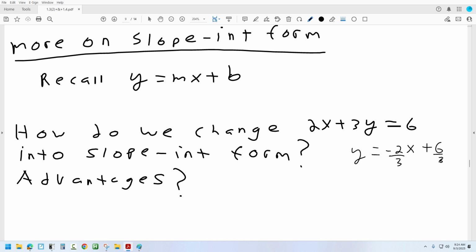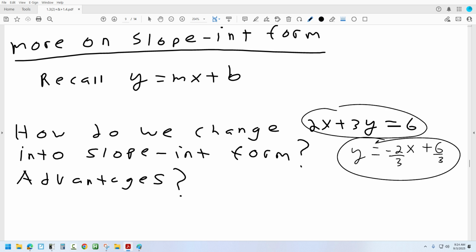Now, what's the advantage of taking this and writing it like that? They represent the same thing, but what's the advantage of this format over the one above? It's easier to graph. Yeah, it makes it a lot easier to graph because now you know, okay, go up 2 on the y.